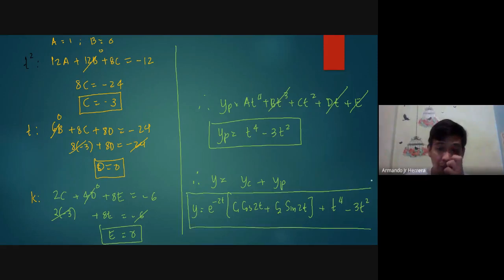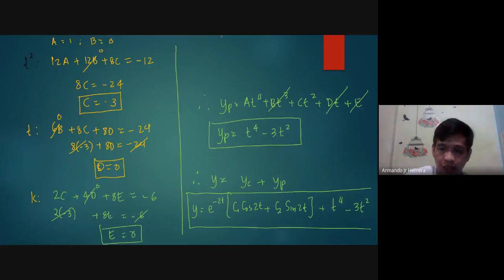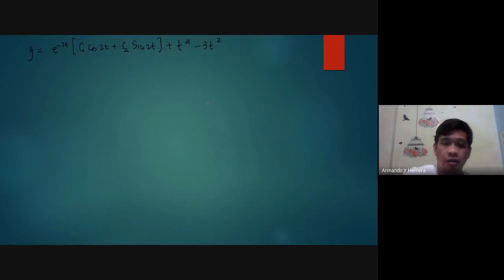But then again, meron tayong initial condition. So let me rewrite the general solution. Y is e to the minus 2t times c1 cosine 2t plus c2 sine 2t plus t to the fourth minus 3t squared. So, setting all the conditions 0, y is 0, t is 0.